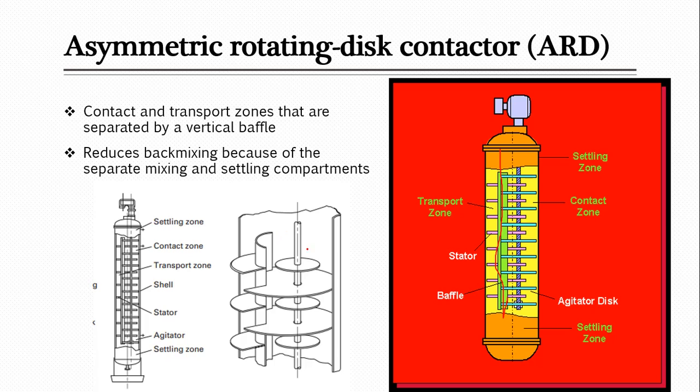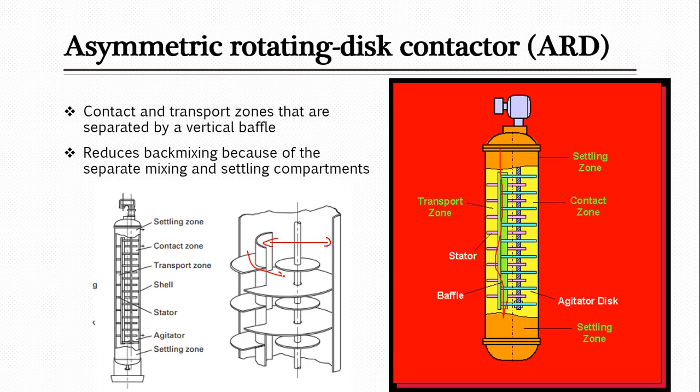You can see here the part where contact is taking place, this is the contact zone, and then there is a transport zone outside of it. Suppose some liquid is coming from the top.